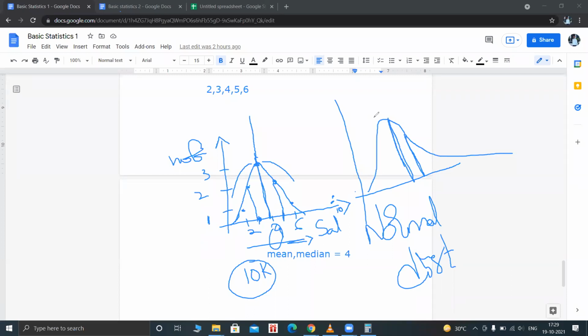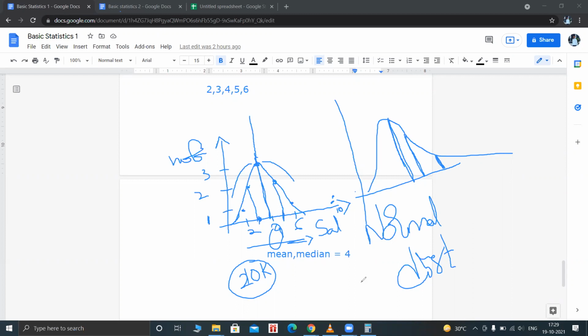So 4.5. And see guys, you have added only 10K per month. If I add 20K per month, $20,000 per month, the mean will be somewhere around here, right? So even if I add 20K instead of 10K, the mean will be here.